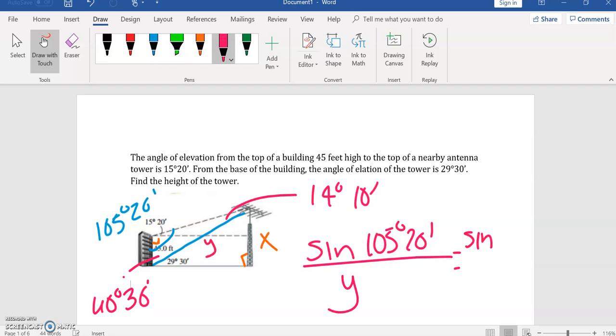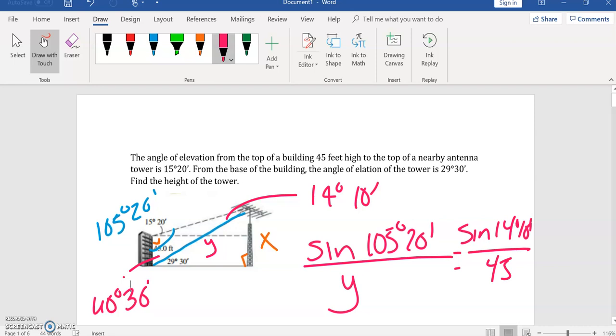The sine of 105 degrees 20 minutes is to y as the sine of 60 and a half is to, no, not that one. It's not the one I want. I was going the wrong way. I want the sine of 14 degrees 10 minutes is to 45, because that's the side I know.